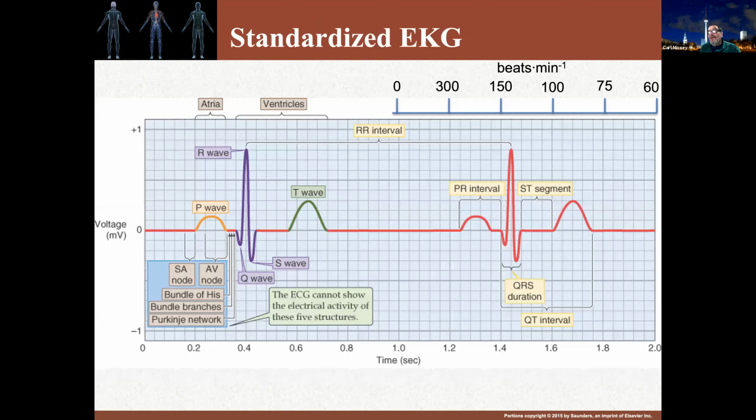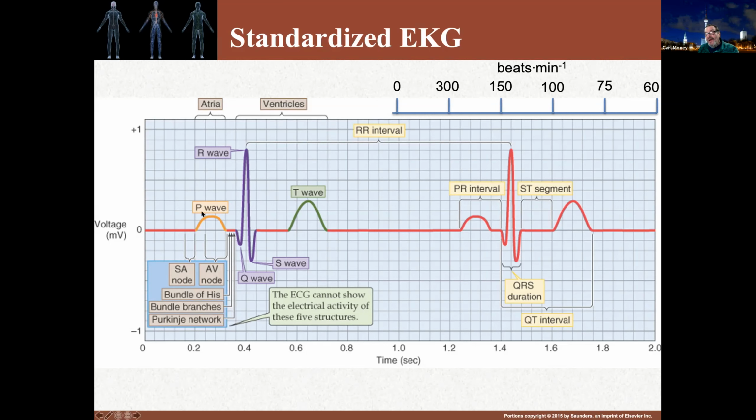So here is a view of a standardized EKG with lots of information on it, telling you various things. Now you'll notice the EKG tracing is a combination of various waves, intervals, and segments that denote the condition of the heart.